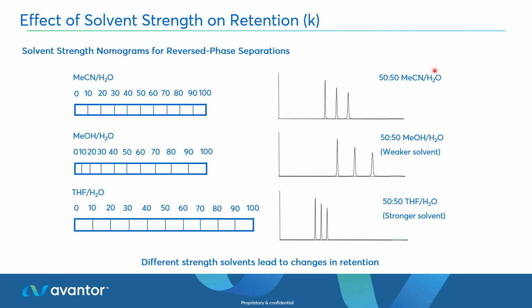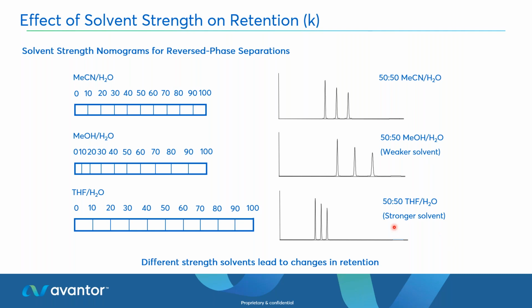If I just substitute my acetonitrile with methanol, then my retention times shift. So the K value changes, and actually there's some change in selectivity as well, alpha. So methanol is a weaker solvent. That means I've got a longer retention time. And you can see here the difference that you get even using the same percentage, methanol versus acetonitrile.